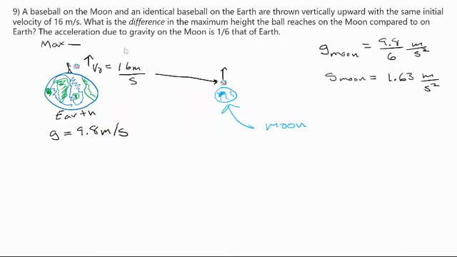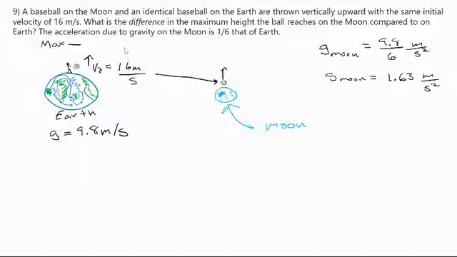When the rockets reached the maximum height, what did they do just before they turned around and came down? They stopped. So what's the velocity of this baseball when it's at the maximum height? 0. Yeah. So my final velocity in both cases is going to be 0, right?